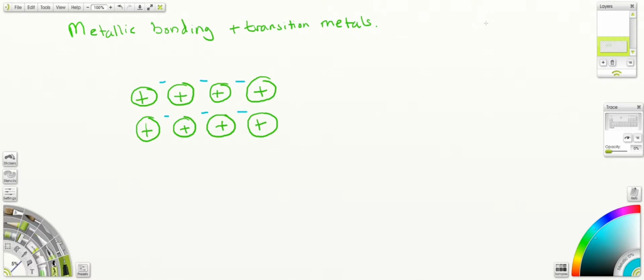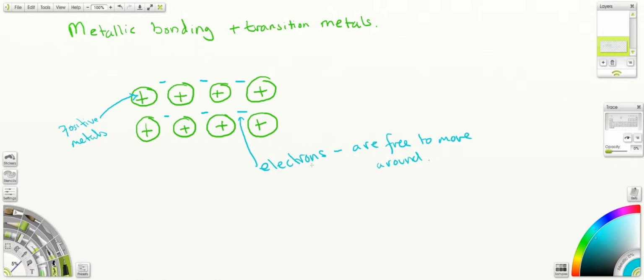If you look here, these positive centers represent the positive centers of the metals. Around the positive metals are these electrons. The electrons around metals are free to move around.